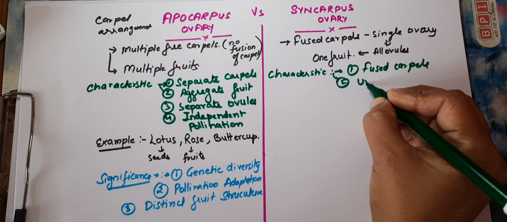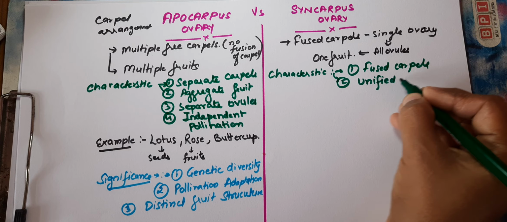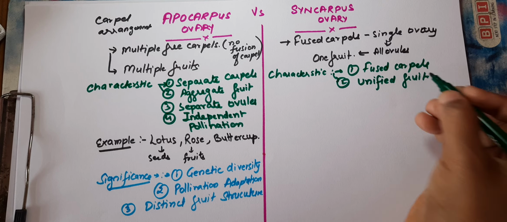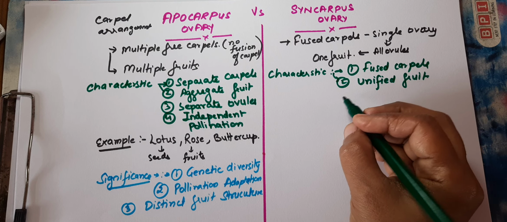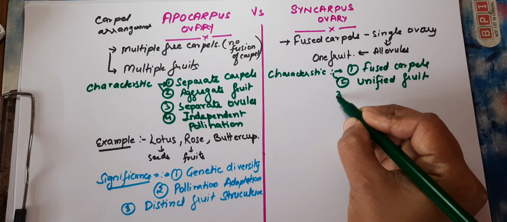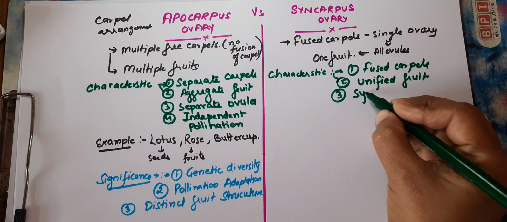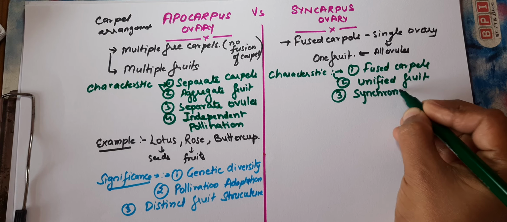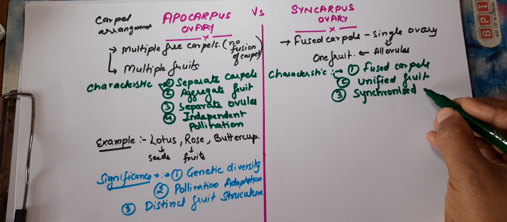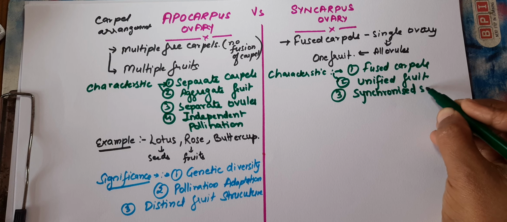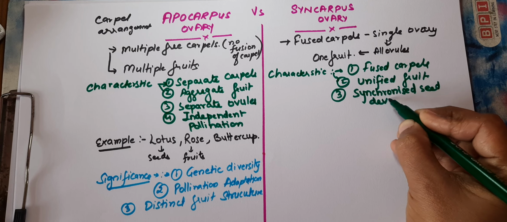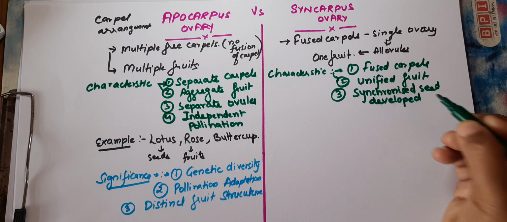The third, since the pollination and fertilization occur within a shared ovary, this will ensure synchronized seed development in the case of the syncarpous ovary.